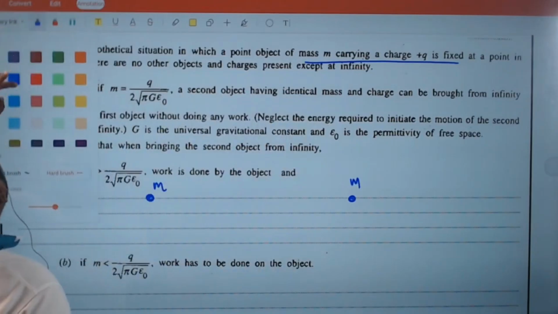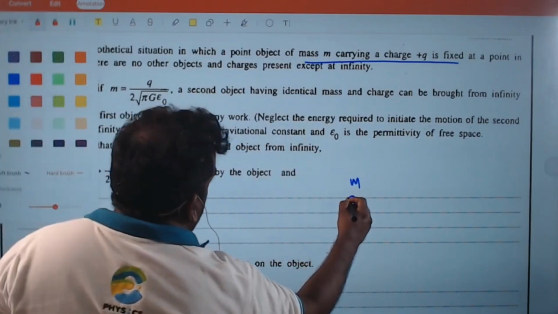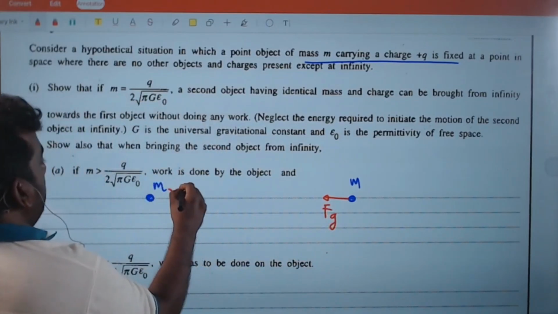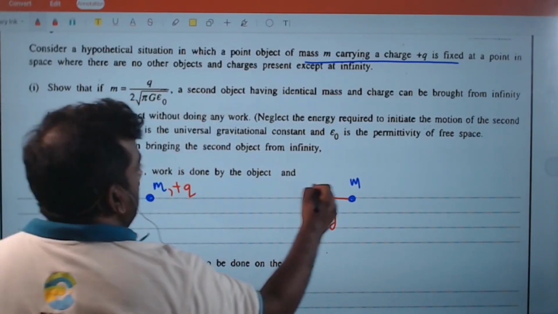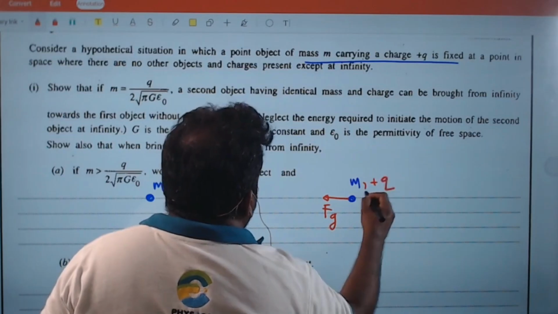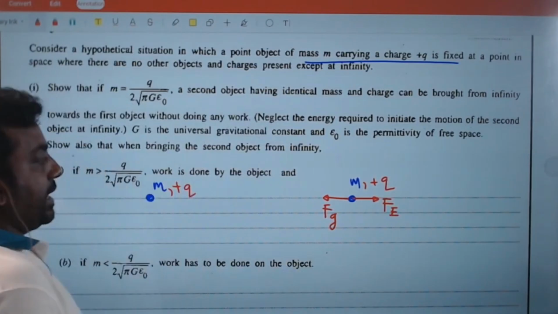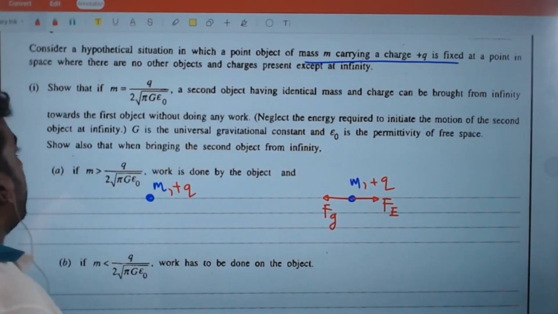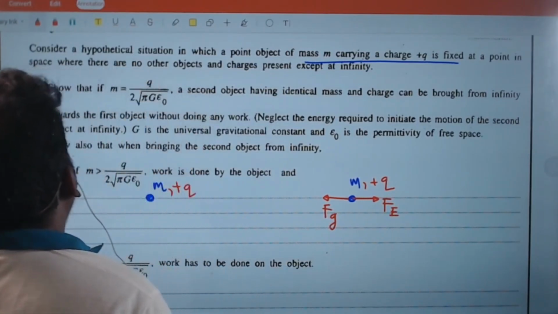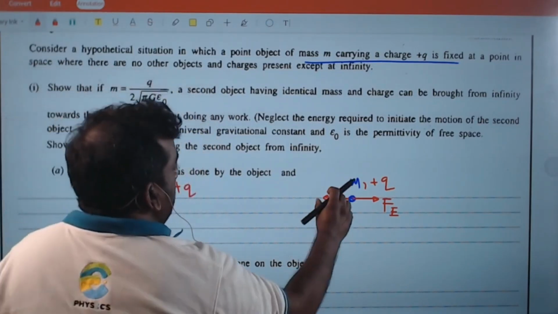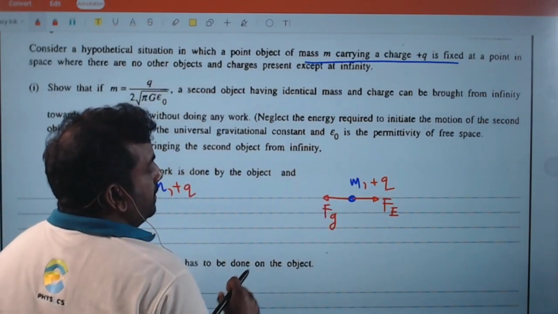If I mark the forces, gravitational force will be there, an attractive force. Here the charge is plus q, here the charge is plus q. Here there will be an electrostatic force acting away. So without doing any work means gravitational force equals electric force.